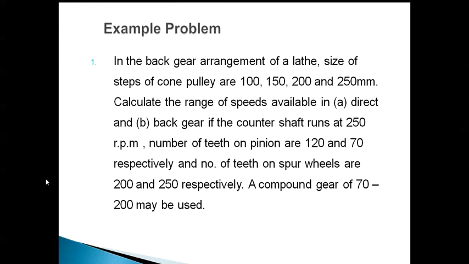Here 120 and 70 are the pinion teeth. So 70 is the number of teeth of C, then 120 will be the number of teeth on gear A. Now 250 will be the number of teeth of gear D.